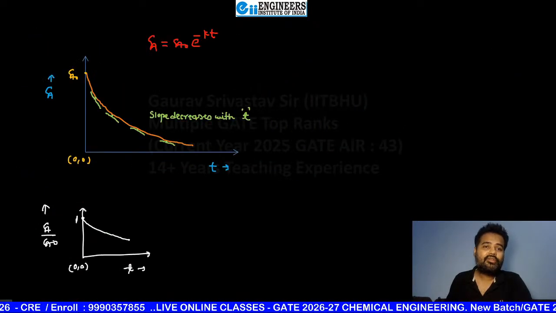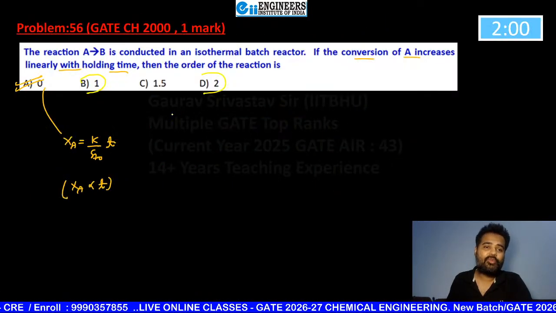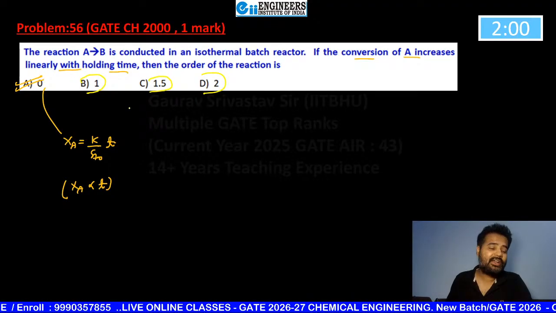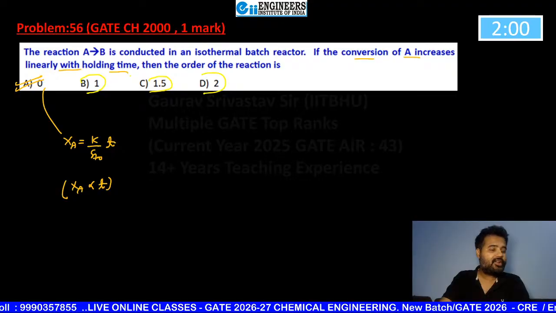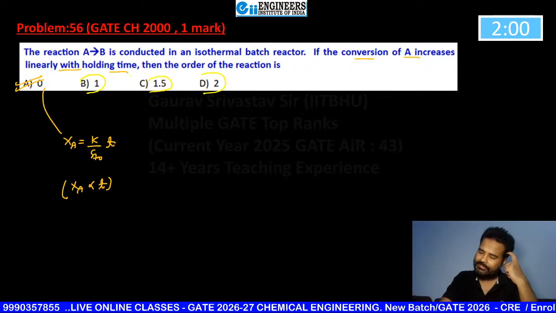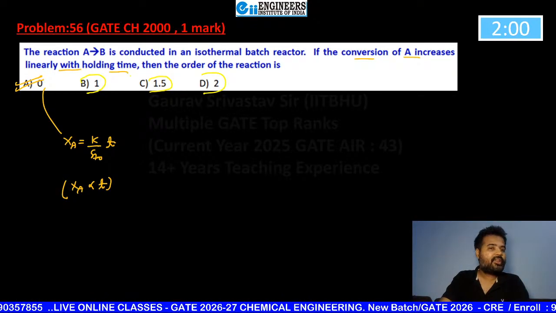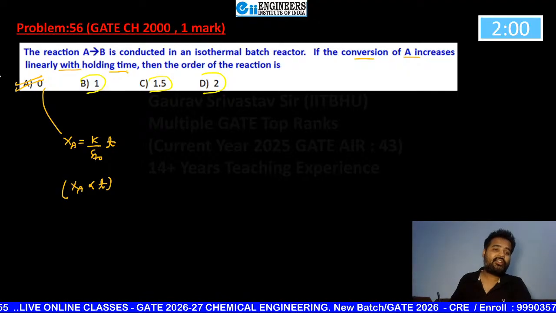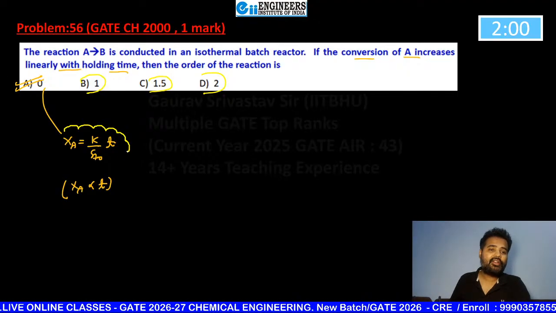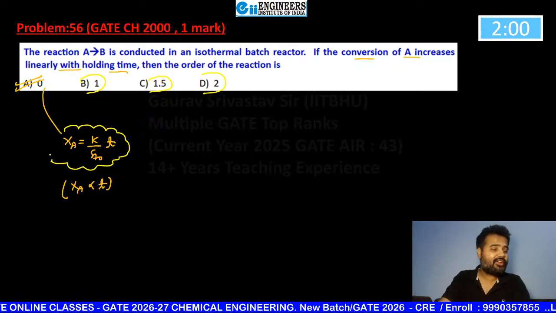In similar manner you can also derive for this 1.5 order. Is this understood by everyone? One more time please, write crystal clear. Everyone please tell me beta. What I told you is that only for zero order this is directly proportional, and for all others you can see it is not directly proportional.